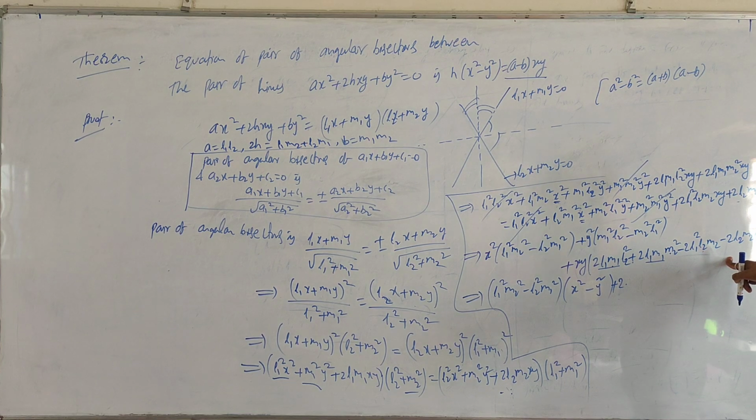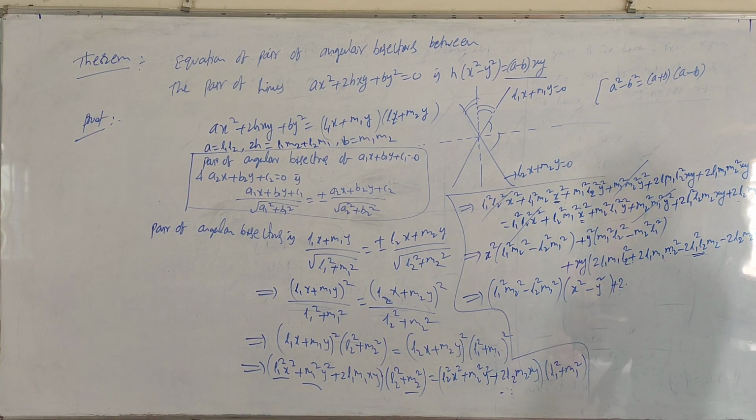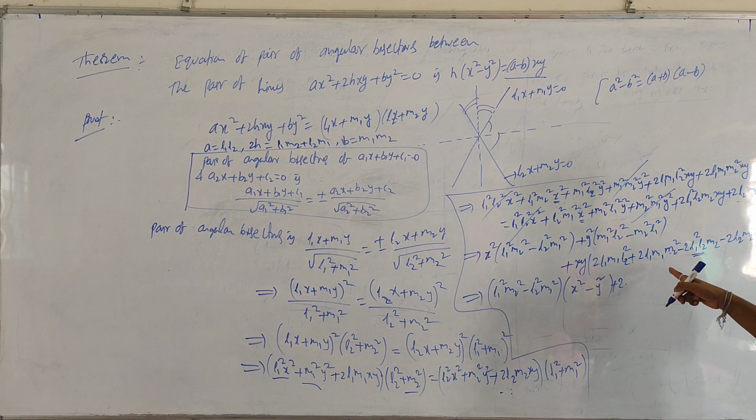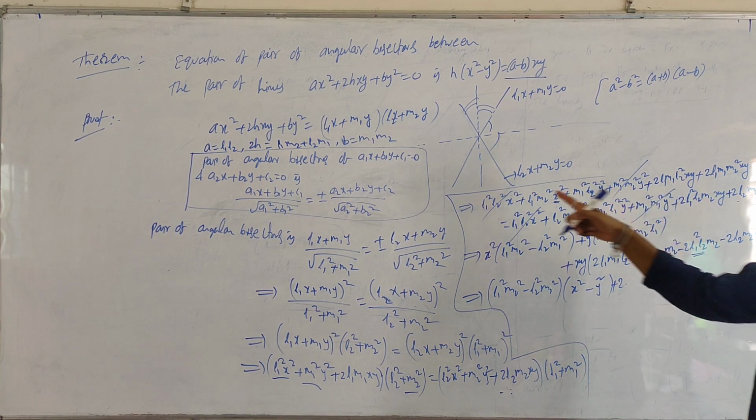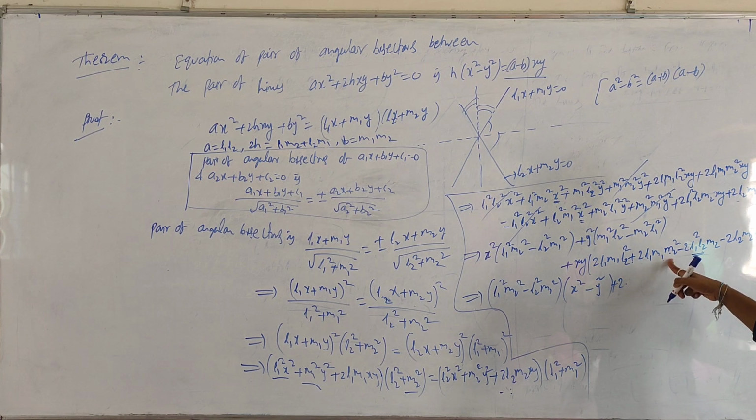A is equal to L1 L2, B is equal to M1 M2. So we have to take L1 L2 common and M1 M2 common. See here, once we observe this one, L1 L2 is there. After taking it, what we have, that one we have to take outside. And we have M1 M2 also. Where is M1 M2? Here M1 M2 is there, here also M1 M2 is there.